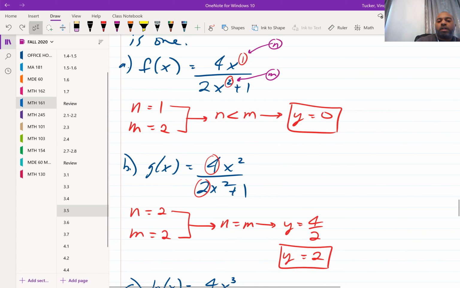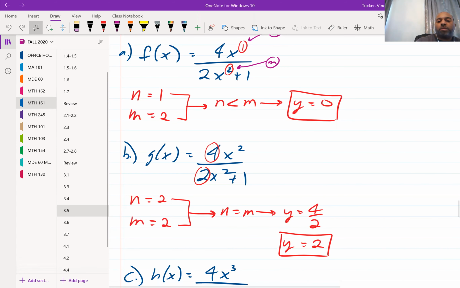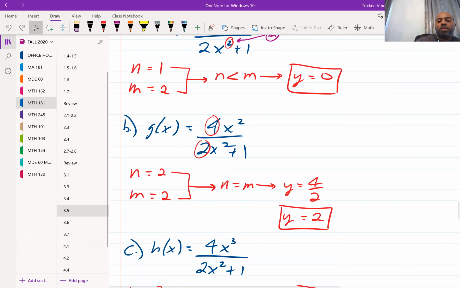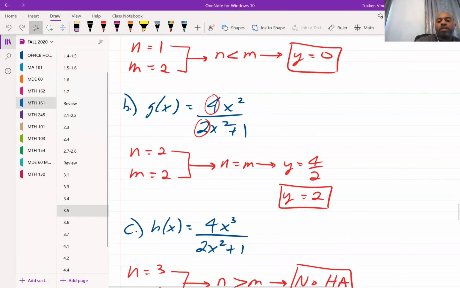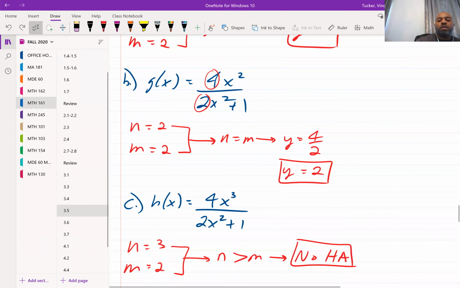All right. Any problems? And the last one like this. See that our numerator has a 3 as its degree. The denominator has 2.